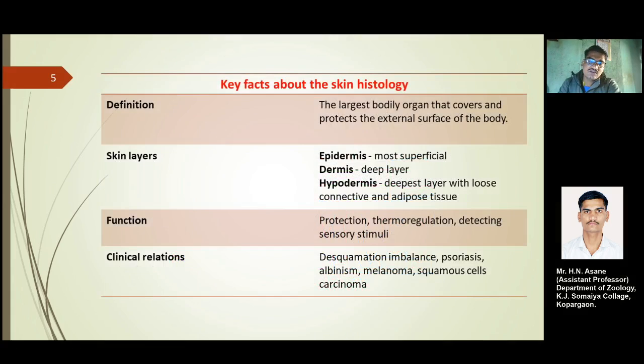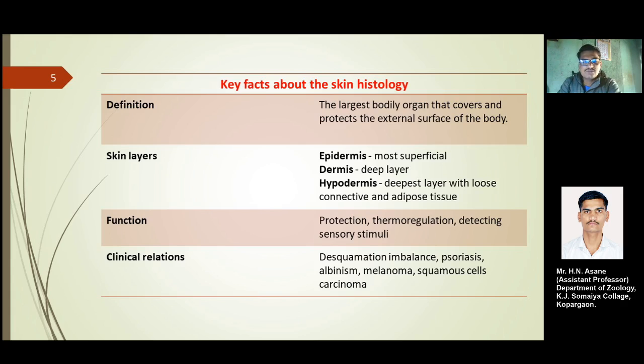As you can see, this particular chart is highlighting the key facts about the skin, or the histology of the skin. The definition of the skin: it is the largest bodily organ that covers and protects the external surface of our body.